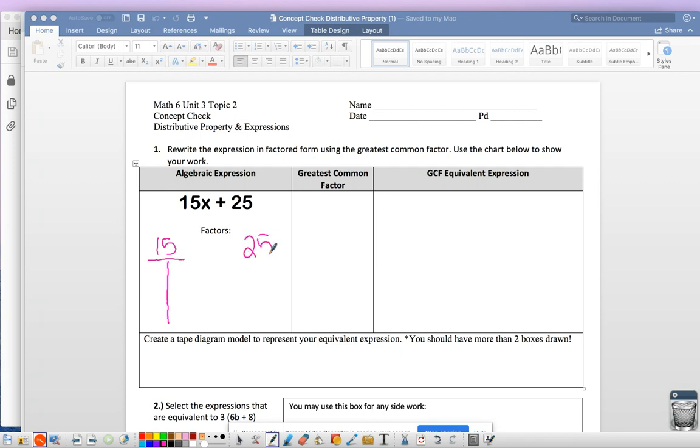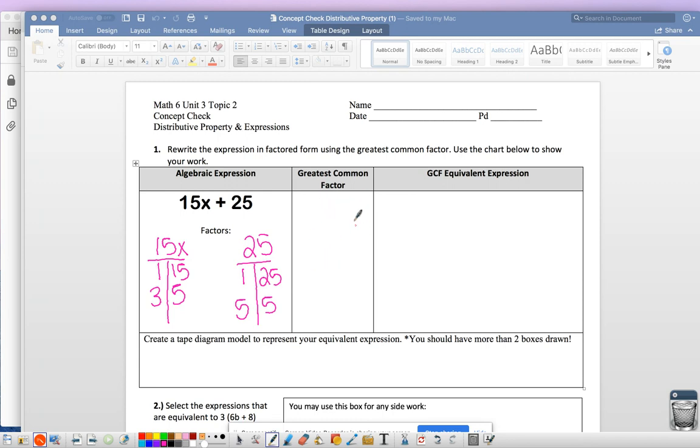So we have 15 and 25, okay? Now remember, the x is with 15, so we're going to put the x over here. So we have 1 and 15 and 3 and 5. For 25, we have 1 and 25 and then 5 times 5.